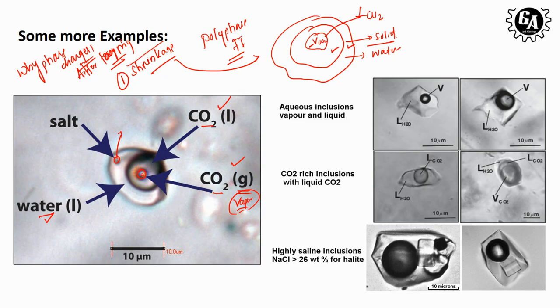And why is shrinkage responsible for these various phases? Because the volume coefficient of thermal expansion for most minerals is 2 or 3 times less than that of water.